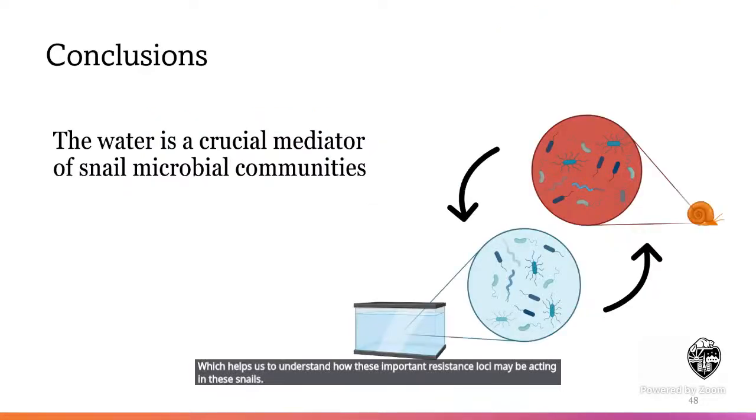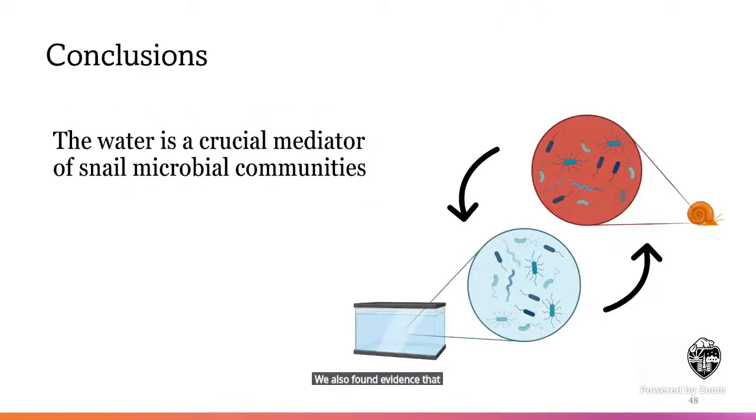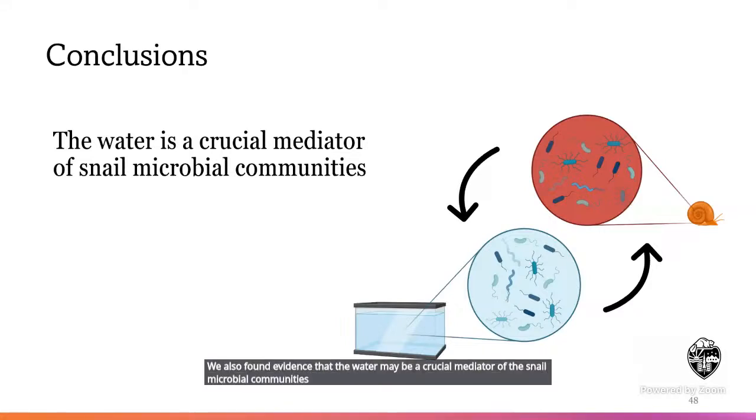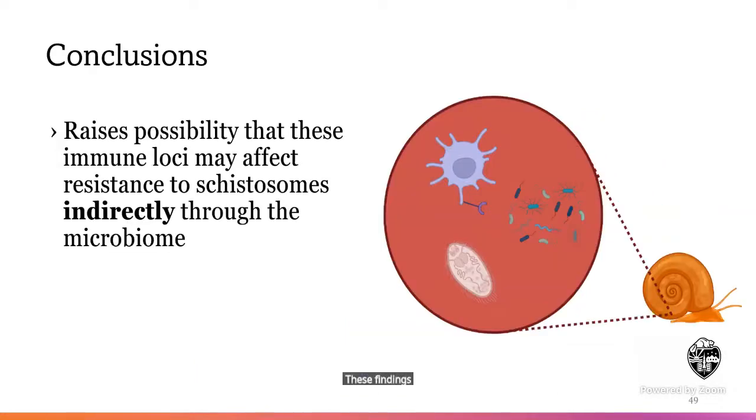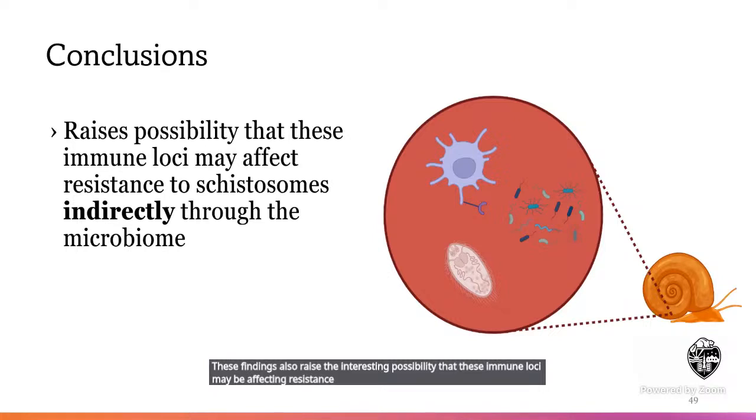We also found evidence that the water may be a crucial mediator of the snail microbial communities, and future work may further explore to what extent this effect occurs. These findings also raise the interesting possibility that these immune loci may be affecting resistance to schistosomes indirectly through the snail microbiome versus through direct contact with the invading schistosomes.